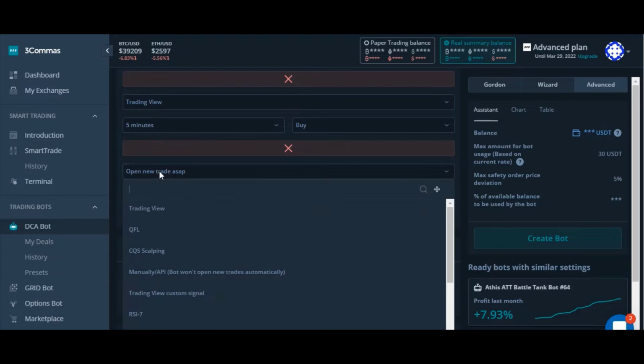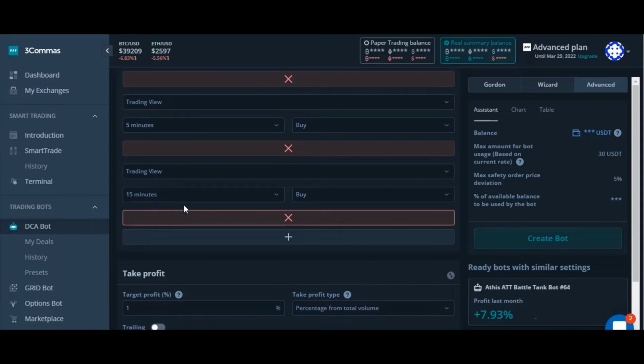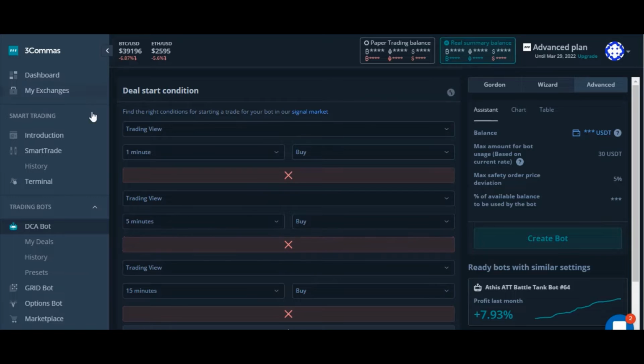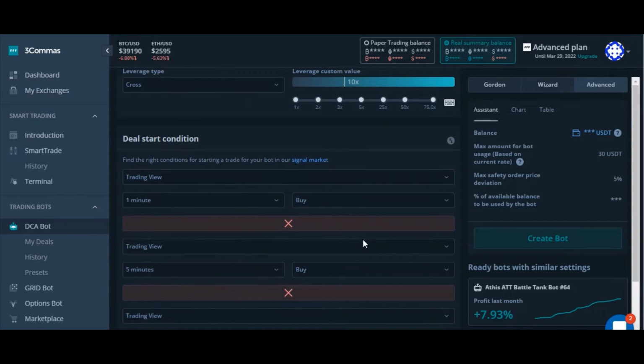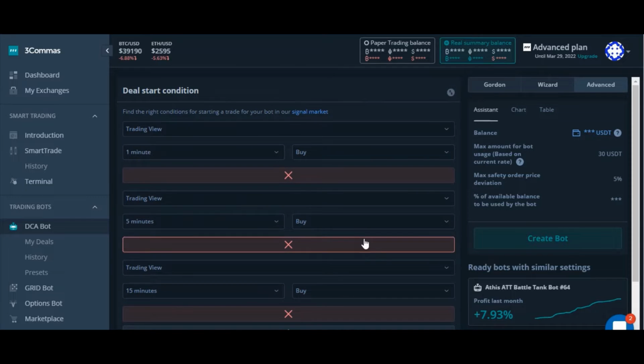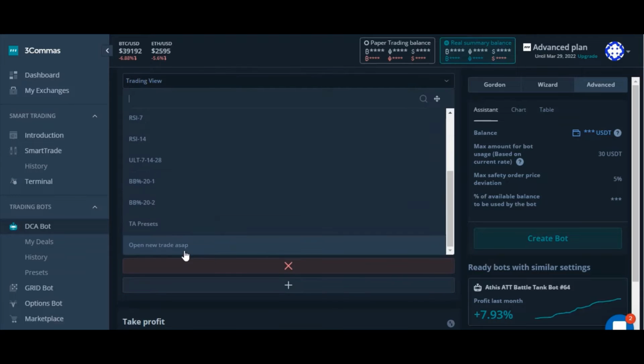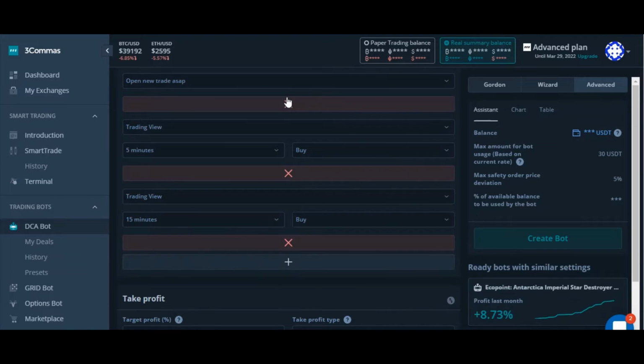And if you wish to be more accurate, you can add more, like a 15-minute buy signal. It scans the candles in TradingView, and when the buy signal comes, it will trigger. So you can keep that too, but for my preference, I just keep open new trade as soon as possible.